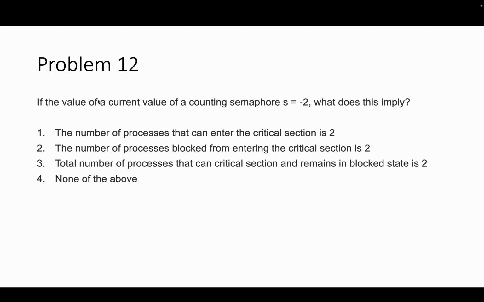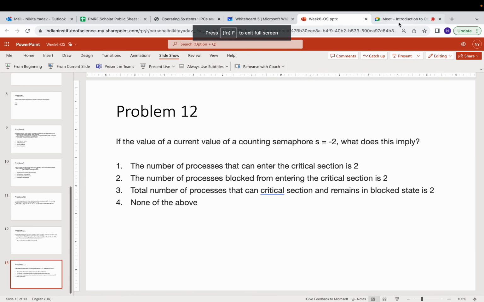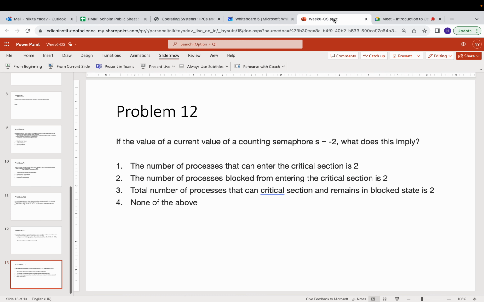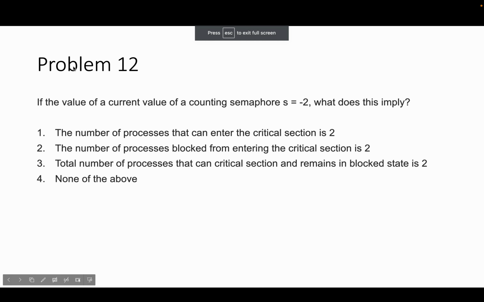So here the answer would be option number 1. Can anyone get that? They are in the waiting queue. Yeah, they are waiting to enter the critical section. So they are the blocked processes, the processes which want to enter the critical section.